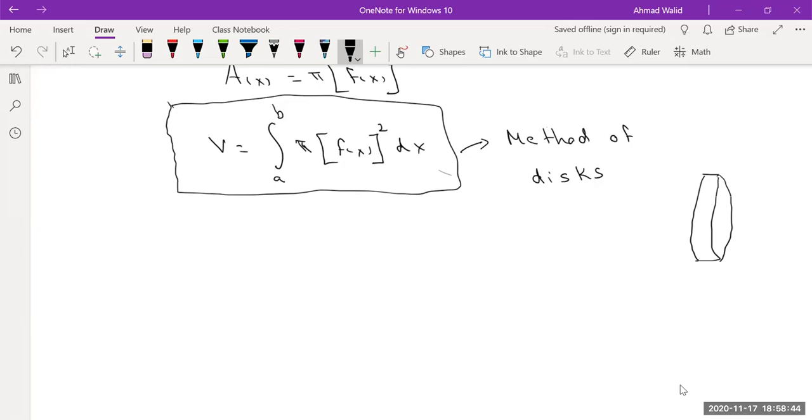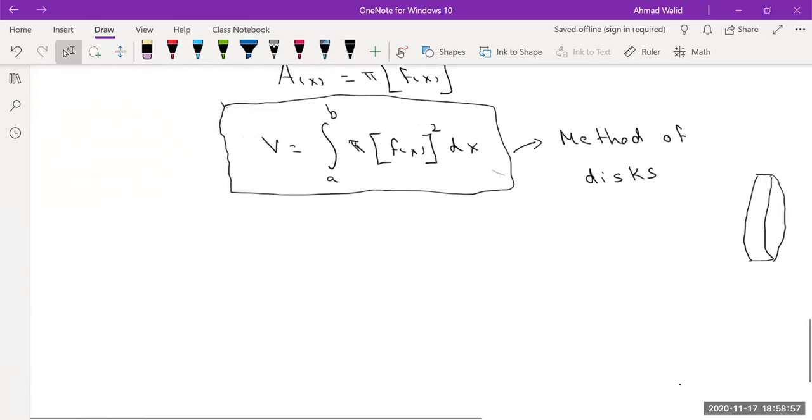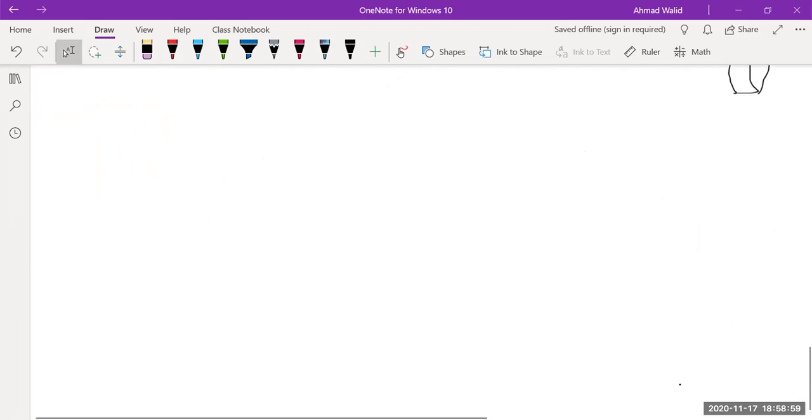Now let's start with a few good examples. First, I will do example number 2 in your book. Then I'll go to example number 1. I'll always go a different way from your book. I'll change example number 2 to 1 and 1 to 2. Let's do example number 2 first.